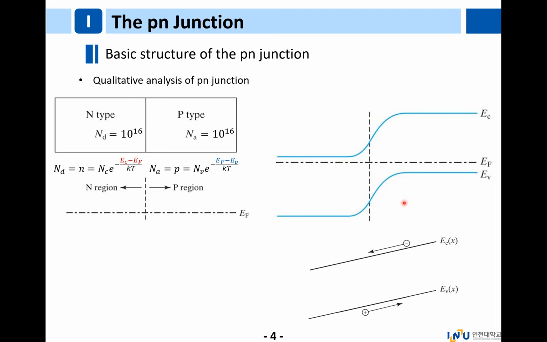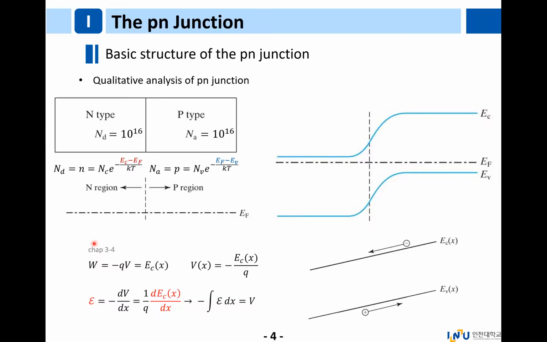So from our learning in chapter 3, we know that we can obtain valuable information through this process. The most noticeable point is that the middle region must be curved. In the region where the energy bands look like this, there exists an electric field.